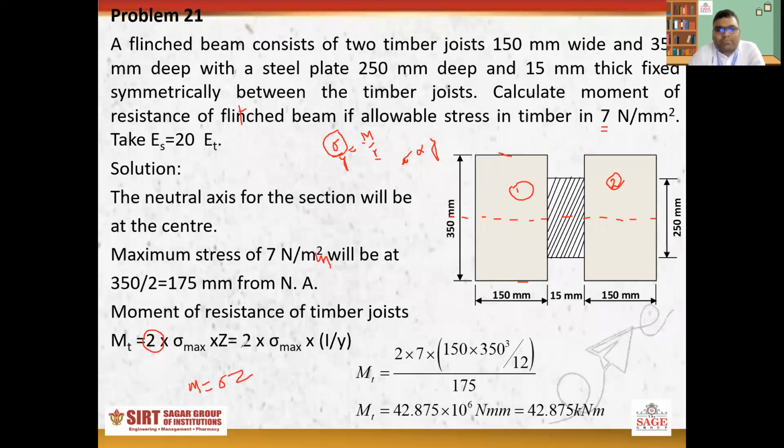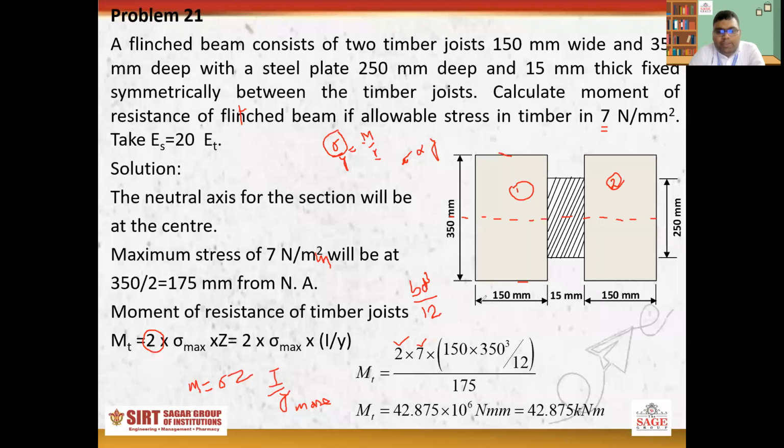Z is the section modulus, and the section modulus can be calculated. It is the ratio of the moment of inertia and the distance from the outer filament, or you can say y max. Just put in all the respective values. 2 times 7 is given, and how can we calculate I, the moment of inertia? It can be bd cubed by 12.